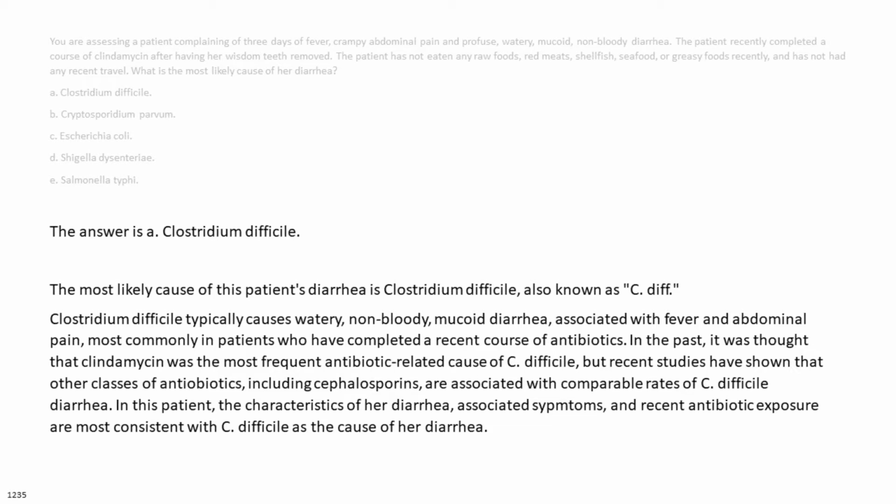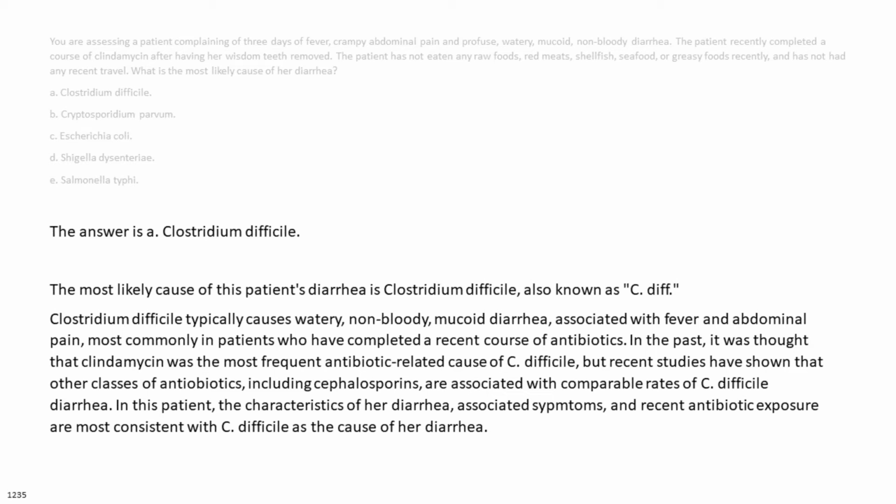The answer is A. Clostridium difficile. The most likely cause of this patient's diarrhea is Clostridium difficile, also known as C. diff. Clostridium difficile typically causes watery, non-bloody, mucoid diarrhea, associated with fever and abdominal pain, most commonly in patients who have completed a recent course of antibiotics.